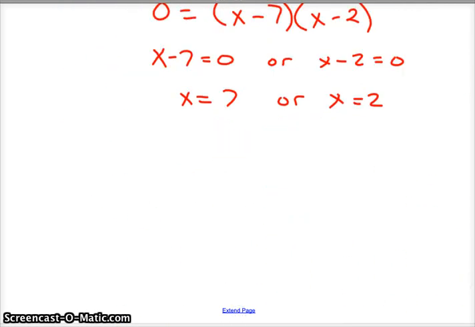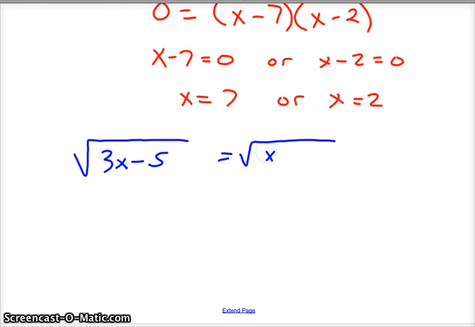So we're going to plug those in and make sure they work in the original.